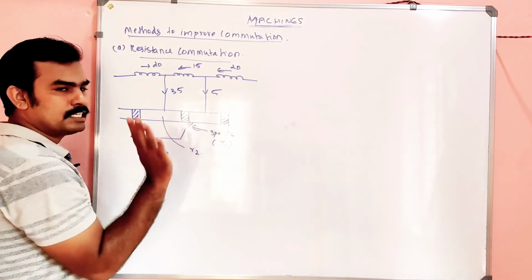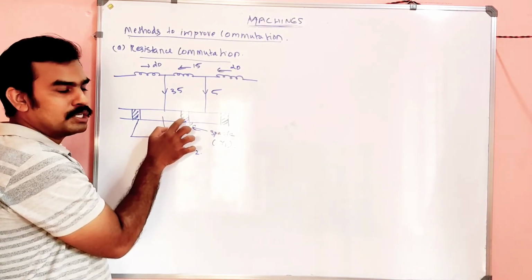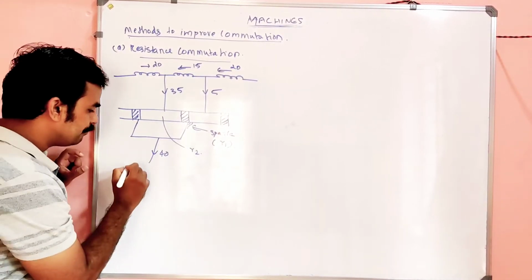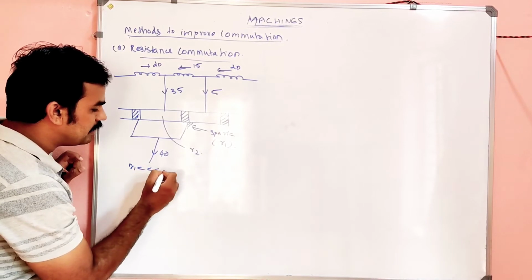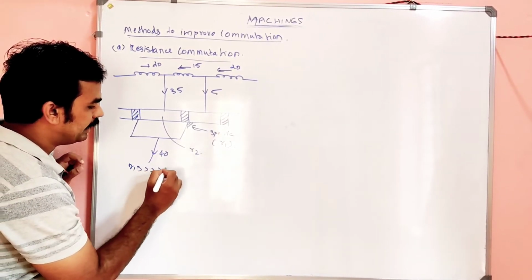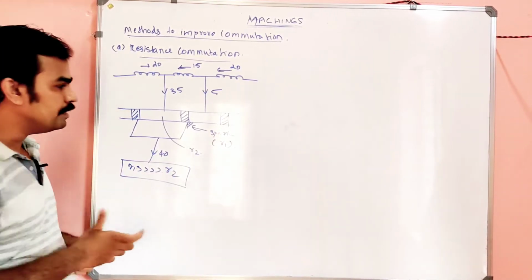Due to some resistance there is a spark. So this is a resistance or insulating medium. This is also insulating, and this is conducting. Make sure that R1 is very much greater than R2. If this condition is satisfied, there will not be any spark.